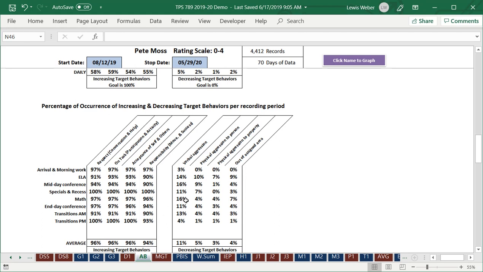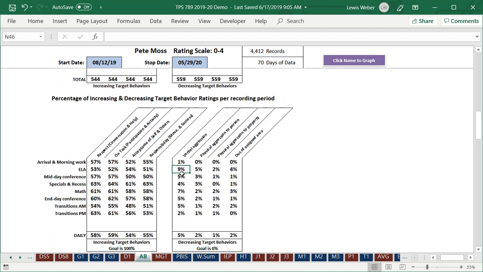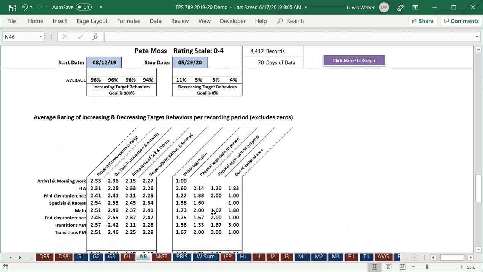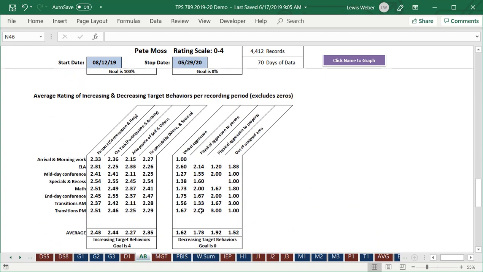If we want to know the level, we scroll up here, and we can see on a percentage basis what that level would be. Now, we'll note here that these data for percentage of increasing and decreasing target behavior ratings are based on all data, which includes zeros. Sometimes we want to see the average rating when it occurs, not including those zeros. So here's the average rating of increasing and decreasing target behaviors with the zeros excluded.